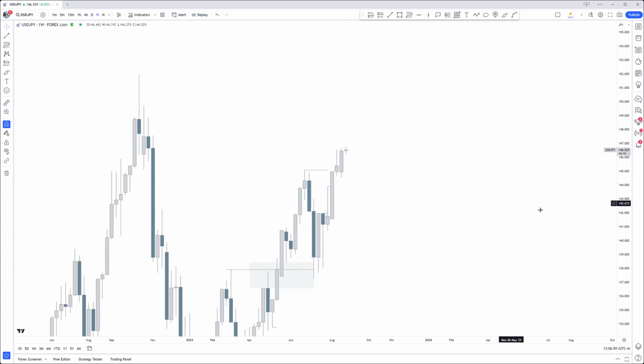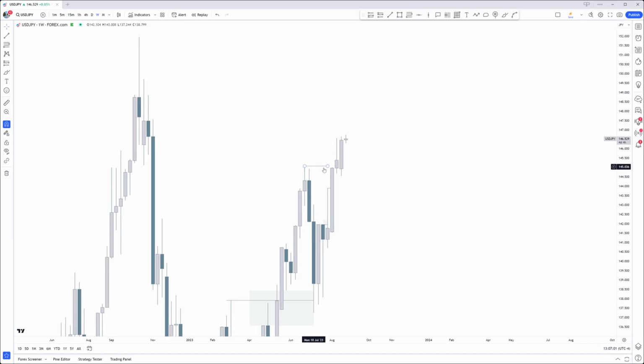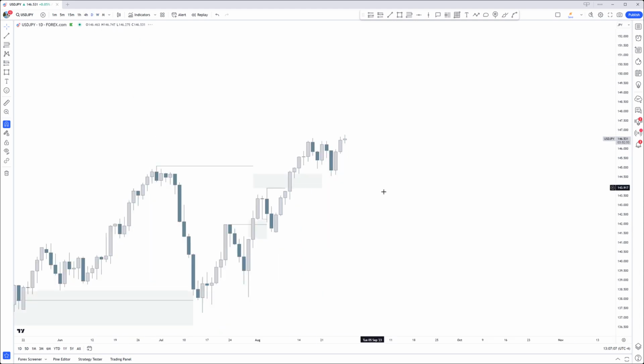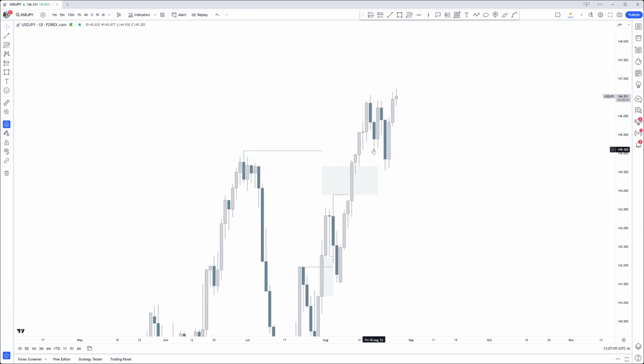So if we are continuing higher, then we already have a weekly fair value gap to continue higher off of. That already takes into account that if we go into the daily, even if we did have a daily fair value gap right there, it's not as high probability as that weekly fair value gap, because weekly fair value gap is a stronger magnet. So the weekly order flow wants to continue right there.